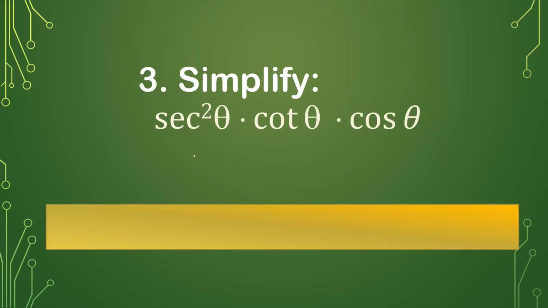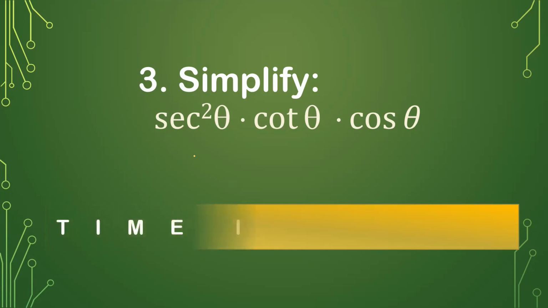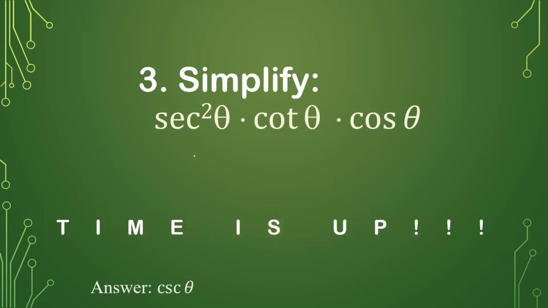Okay? For number 3, secant squared theta times cotangent theta times cosine theta. How do we simplify that? Okay, fast forwarding. The answer is cosecant theta. Hindi ko pala naitaas ito. Ayan, so what will be the reason behind that answer? This is 1 over cosine squared theta.